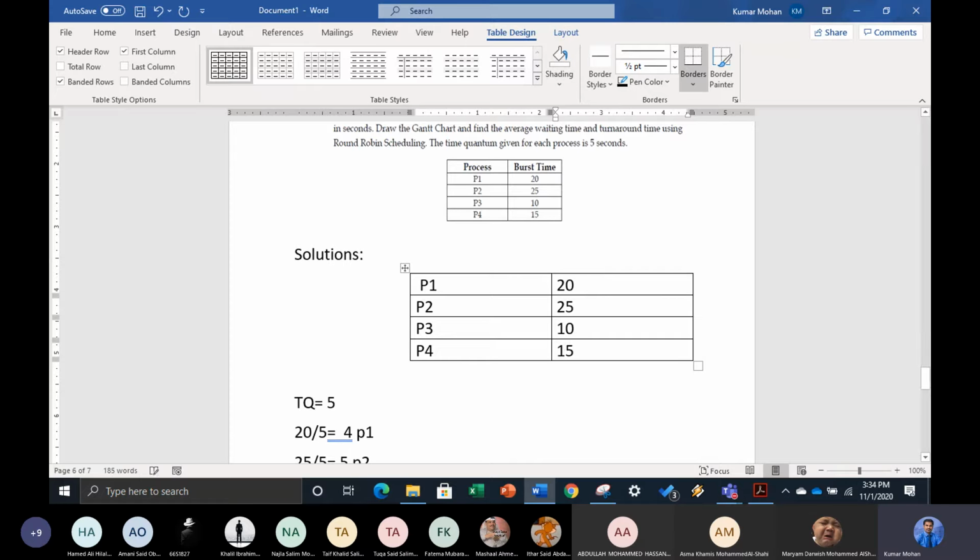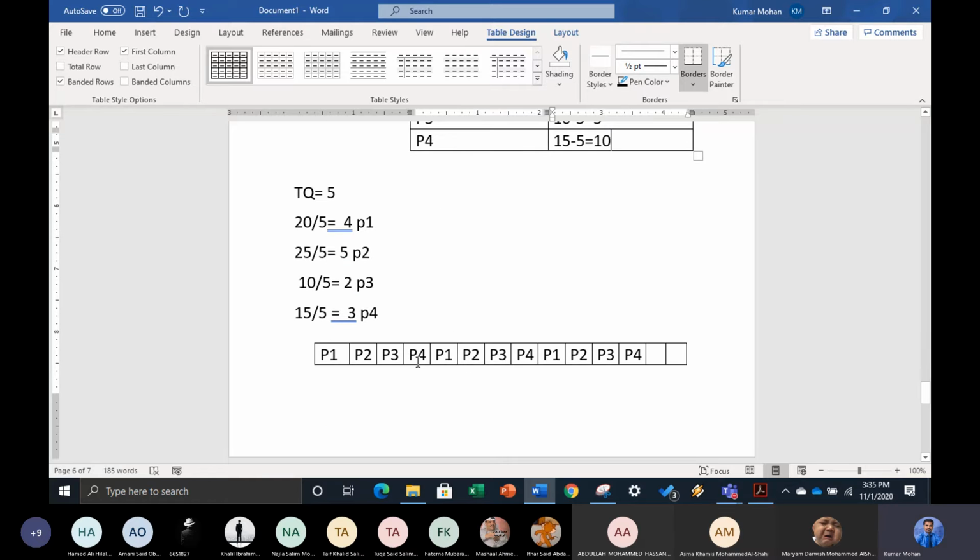In the first round, 5 is over for each. Remaining is 15, remaining is 20, remaining is 5, the remaining is 10. Okay.